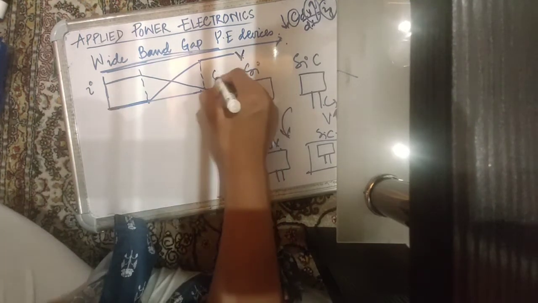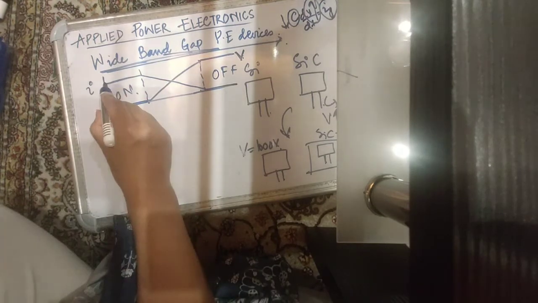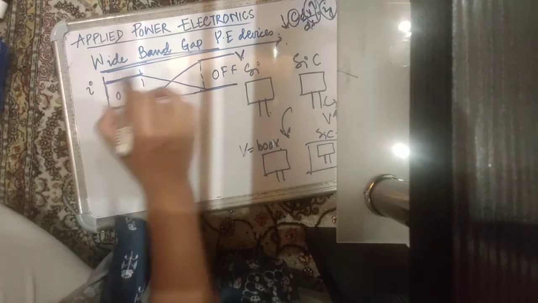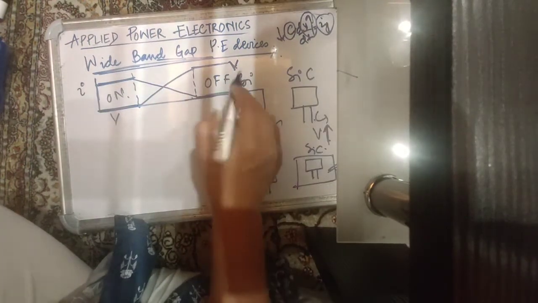So this is the turn when it is completely off and this is when it is completely on. तो जब device ऑन होता है there is no voltage but there is current, so there is no power loss. और जब डिवाइस ऑफ होता है there is voltage but there is no current, so there is again no पावर लॉस.